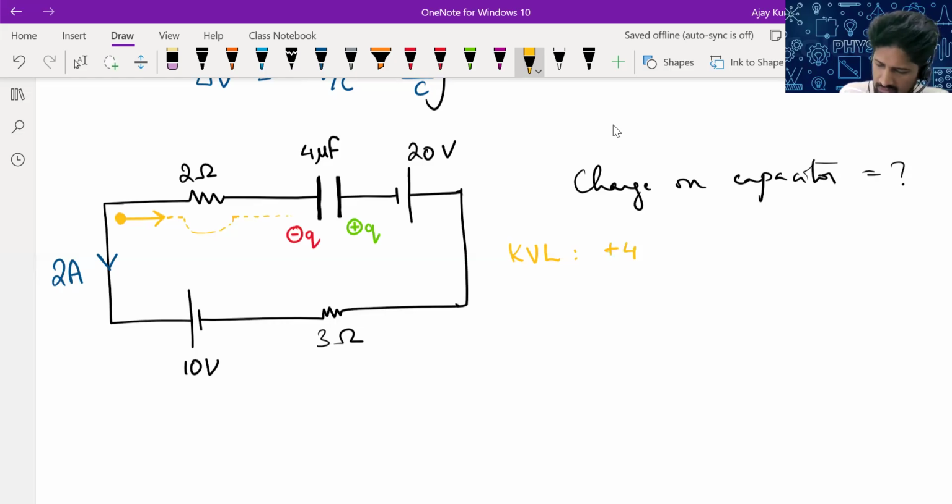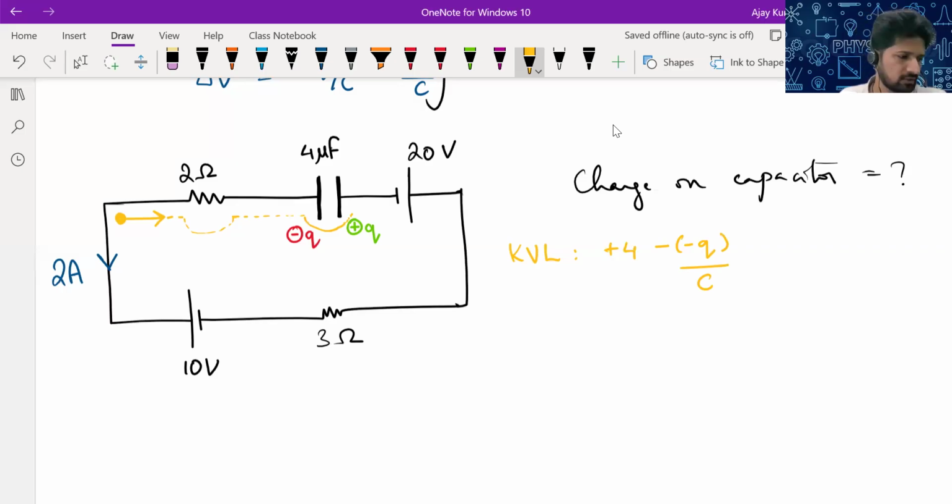Continue moving along this loop. You go from one side of the capacitor, one plate of the capacitor to the other plate. In that case, how do you write the potential change? Negative of charge on the first plate divided by C. We'll keep it as C for now.